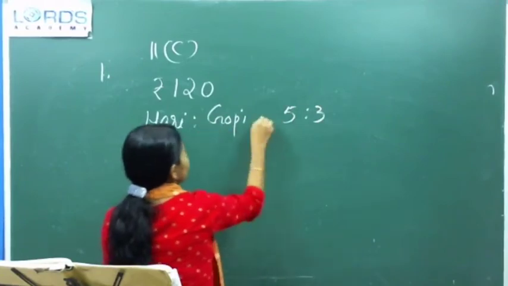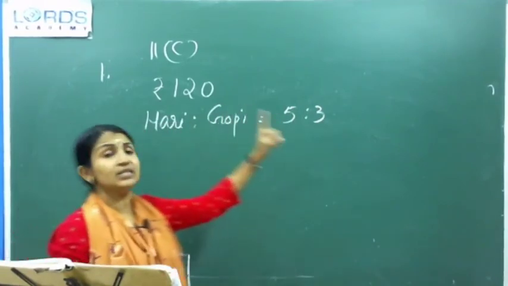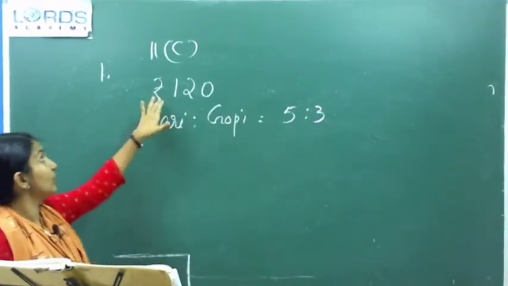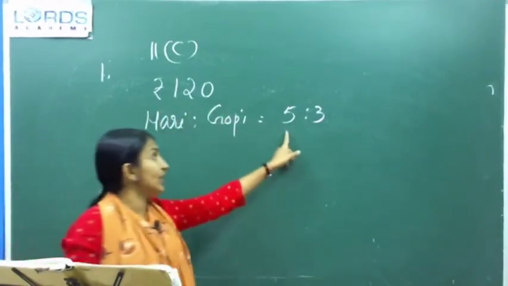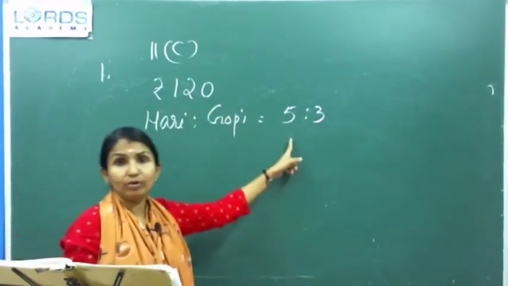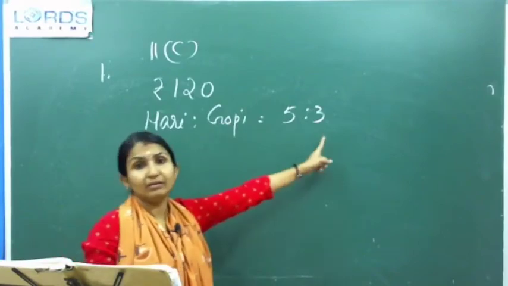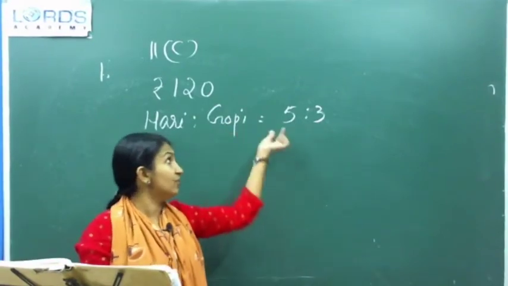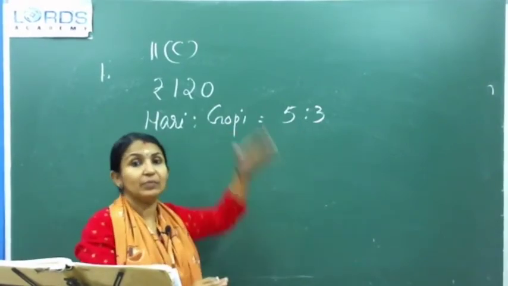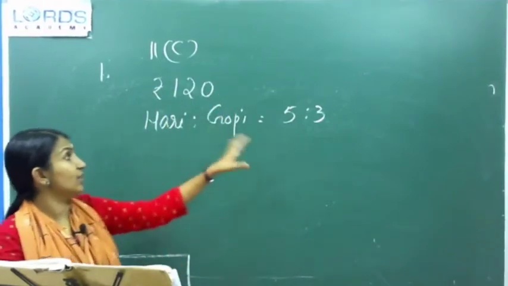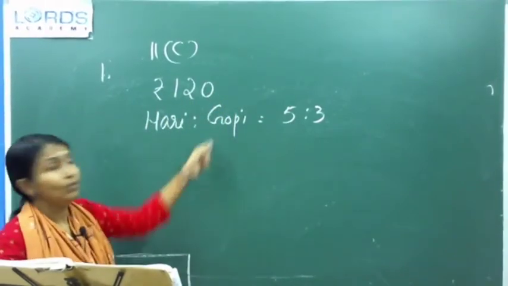So what is the ratio of Hari to Gopi? It is 5:3 and the amount is 120 rupees. So we can understand that Hari will get more and Gopi will get less. What is the total? 5 parts will go to Hari and 3 parts will go to Gopi.